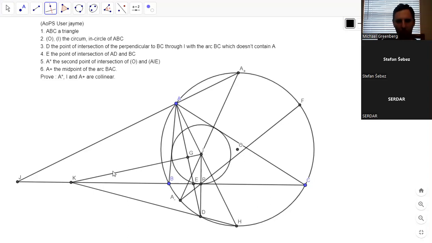Maybe it's better to prove that IK is perpendicular to AD. Okay.